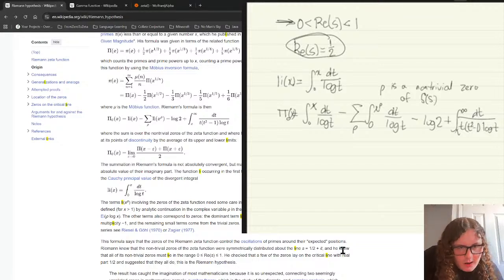Wow. Okay, so the reason for replacing the values at its points of discontinuity by the average of its upper and lower limits: capital Pi of x is discontinuous.